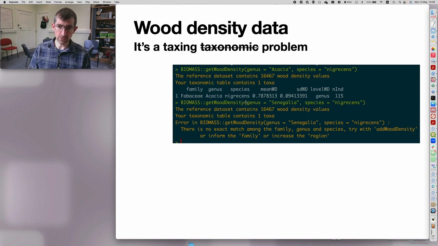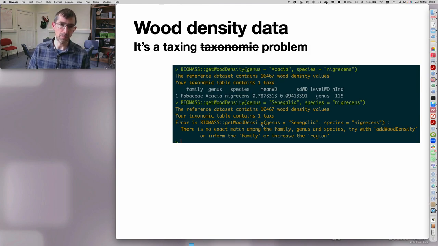Now, say you've moved with the times and you don't call it Acacia anymore, you call it Senegalia. So you use the same function, you type that into R, and you put Senegalia nigrescens in. It says there is no exact match for the family, genus, or the species. You need to provide your own data. That's because they haven't updated the underlying taxonomy in the biomass package to use Senegalia, they just still use Acacia.